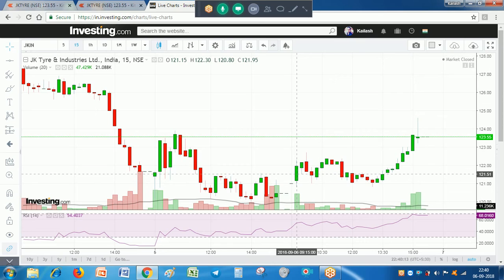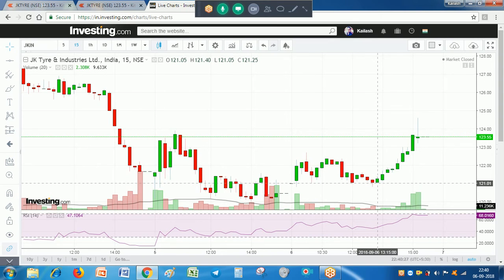So there's a little gap opening. The stock made a high at this level of 122.70. Then there is a little downfall also. It has fallen to somewhere around 121, and again moved up to 123. It made a high of 124.60 also in the 15 minutes time frame.